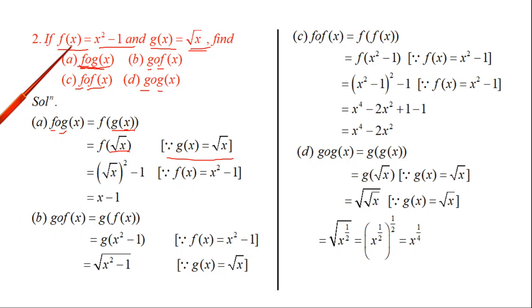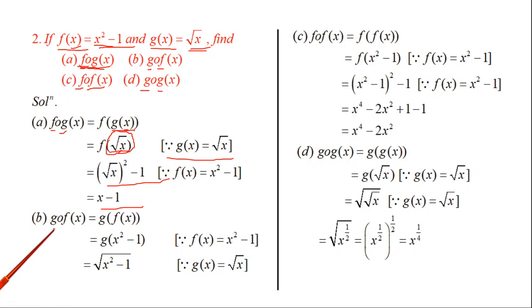Here suppose we have x, then output is x square minus 1. So here we have root x. So by the definition of function, the output will be root x whole square minus 1. Solve it, we'll get x minus 1.